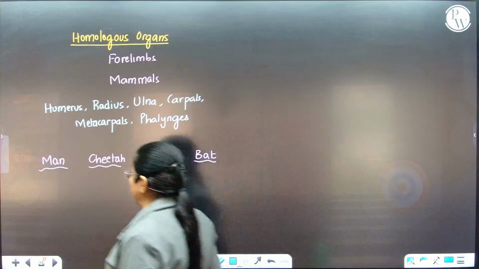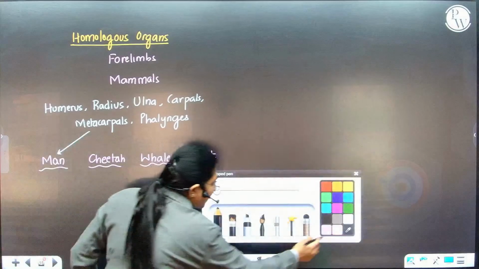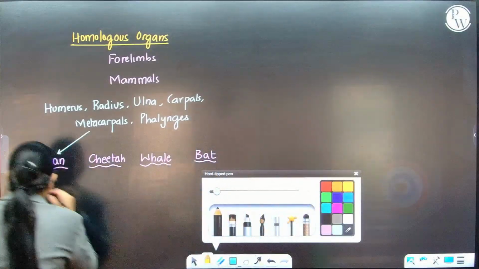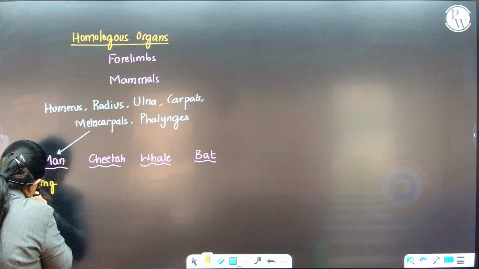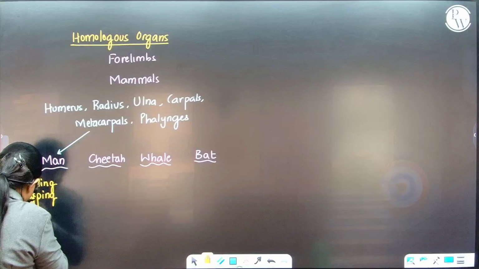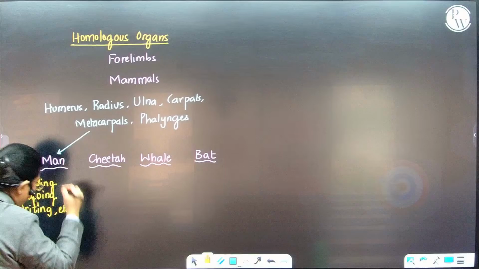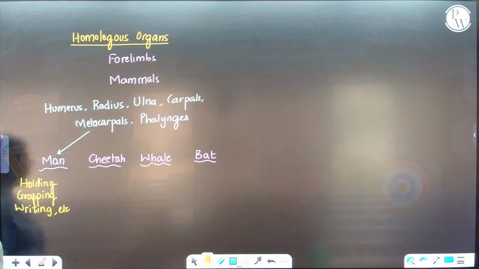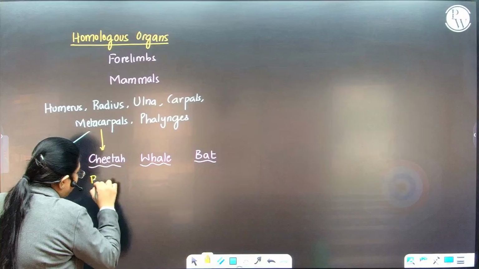But if you see, in man, it is used for purposes such as holding, grasping, writing, etc. So the functioning is a little different. In the cheetah, it helps in running, galloping.